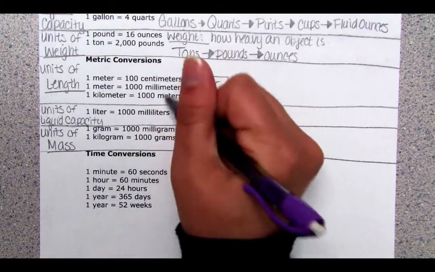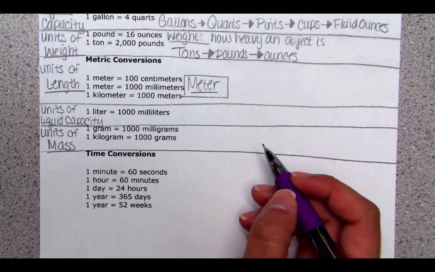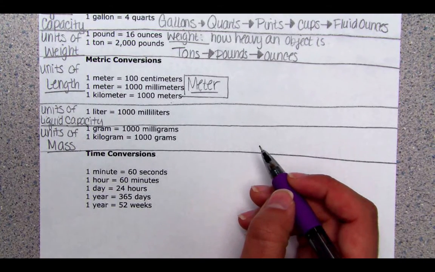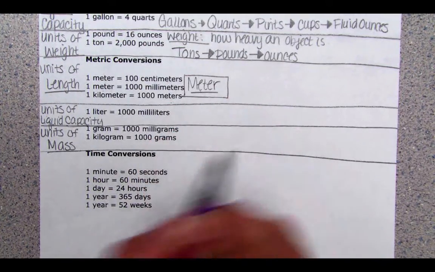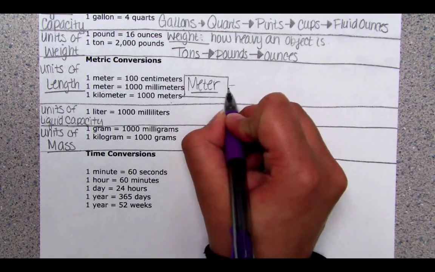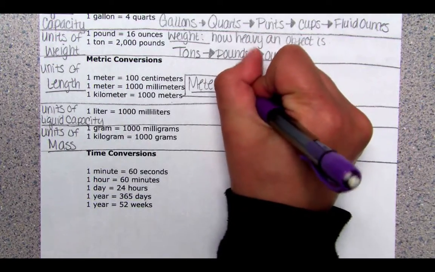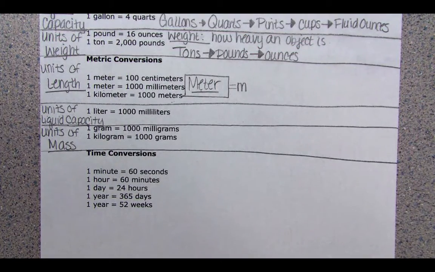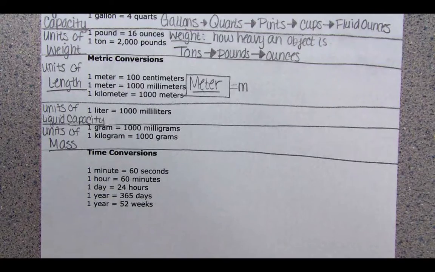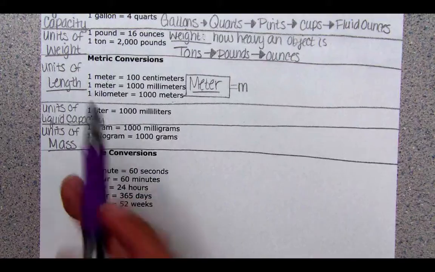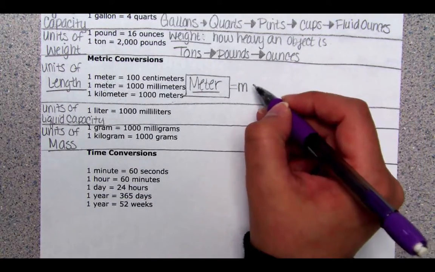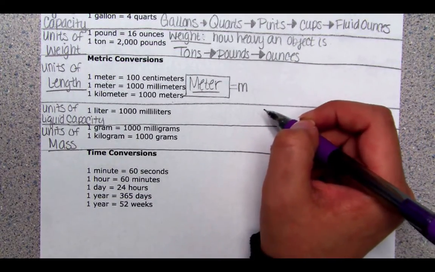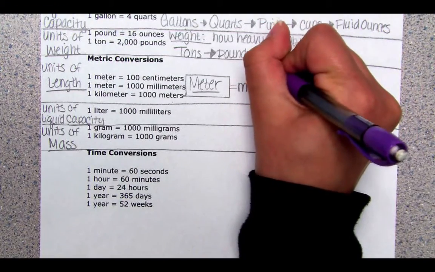Now, these words can tend to get really long in the metric system, so you will see abbreviations. So we're going to write down some abbreviations so that we can all be on the same page. So the abbreviation for the word meter is just a lowercase m. So anytime you see a lowercase m, you're going to think meter, just meter by itself. This is 1 meter. So think a big meter stick. But then we have the word meter, the base word, with its prefixes. So we also have centimeter.